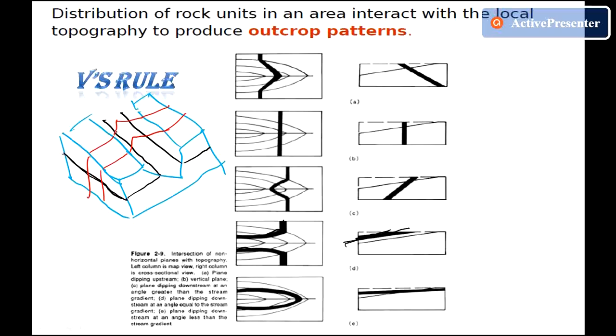That means it is having 200-meter elevation here, 100-meter elevation here, 100 here, 200 here. So it is inclined, but it is inclined parallel to the ground surface. So you are not getting any V-shaped outcrop, rather you are finding parallel lines.